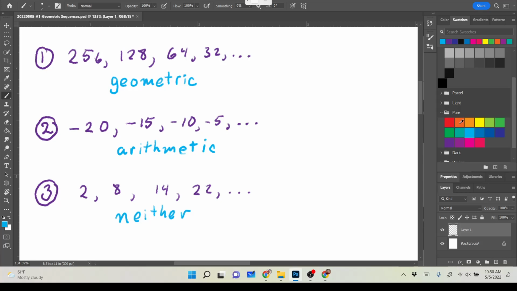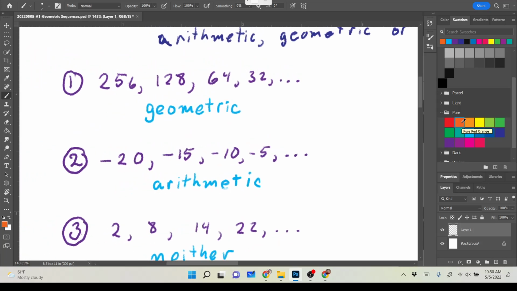Let's do something else with these numbers. What is 128 over 256 reduced to? 1/2.